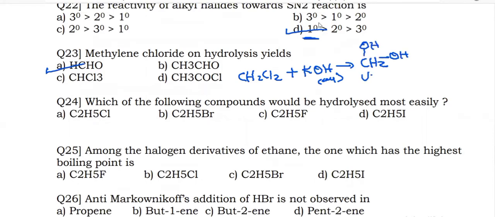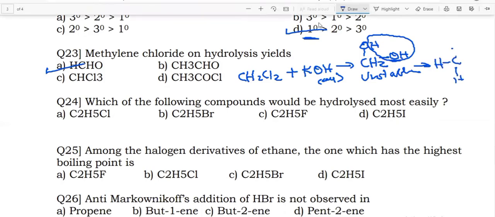It is an unstable compound. We lose water and get the compound HCHO, with a double bond to O. That's formaldehyde. This option is correct.